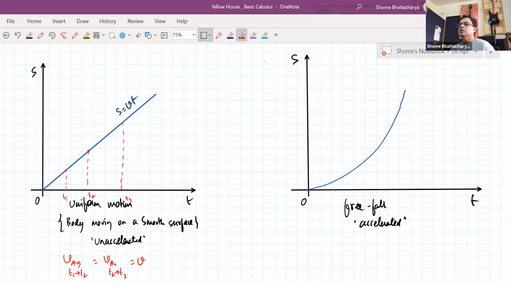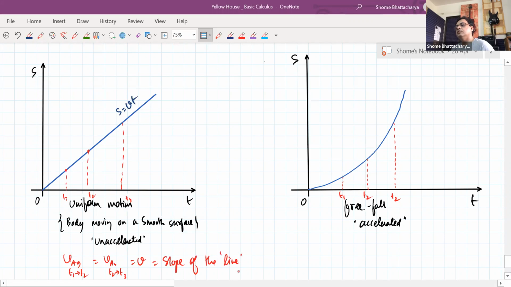But here, if we consider different intervals of time, you can see that the secant lines are changing. There, this V is the slope of the line itself, which is the graph of V versus T. But in this case, we'll have to draw distinct secant lines.